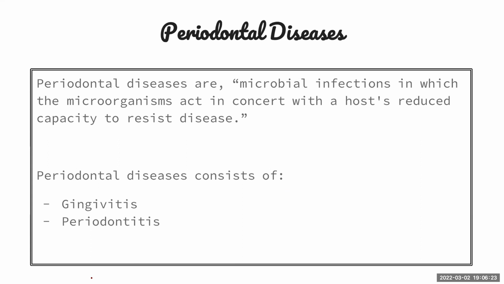So you've got a bacterial infection and then you've got your immune system. If your immune system can't fight the bacterial infection, you're going to get breakdown. If your immune system is still good and can fight off those microbial infections, you won't get disease. So it's who's winning? Is it the microbes or is it the immune system? And if the host has a reduced capacity to resist disease, the microbial infection is going to take over.